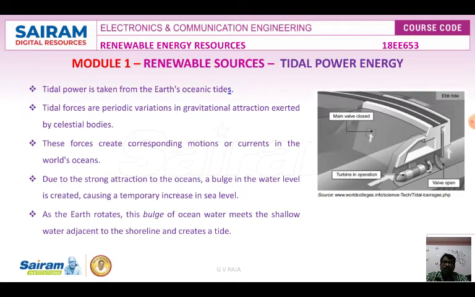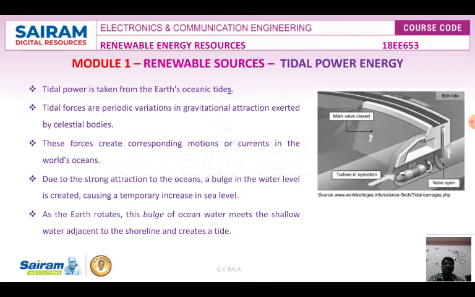So it will not happen every time, it will happen at a 10 to 12 hour interval. The highest level of the tidal water is known as flood tide or high tide. The lowest level of the water we call a low tide or ebb tide.